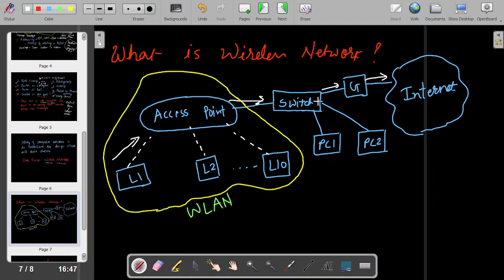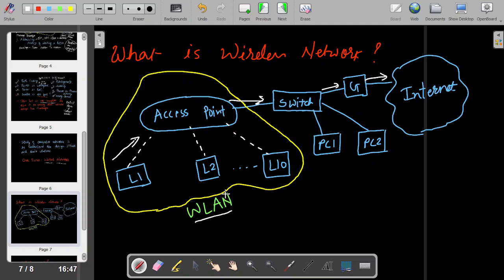Only thing is that now our network switch, which was connected to PC1 and PC2 using wires, is connected with the access point using wire, but the access point in turn is connected to the laptops using a wireless medium. So I have drawn a yellow color boundary. This portion is known as wireless LAN.